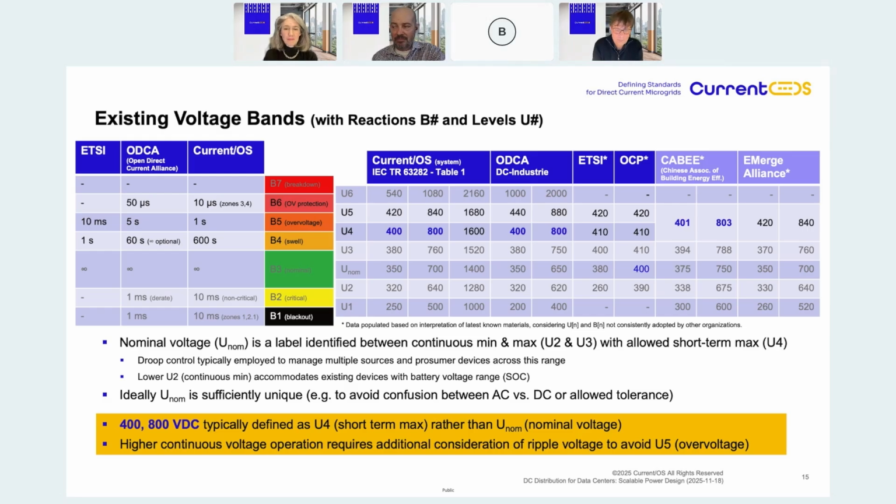And this more or less did not happen by accident. This is an intent, and this is also reflective of the characteristics of components, starting with the semiconductors and the class in which you are specifically trying to optimize for. So one key takeaway from this particular slide is that if you notice the green happy region of operation, which is from U2 to U3, it is actually coming in below the 400 or 800 volt level.